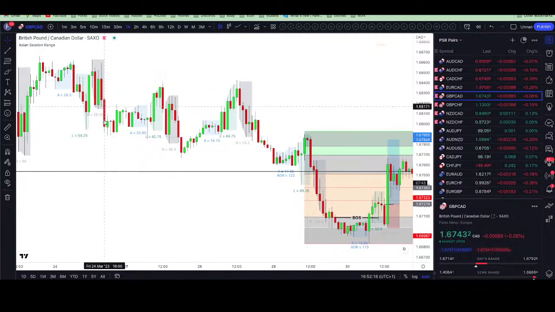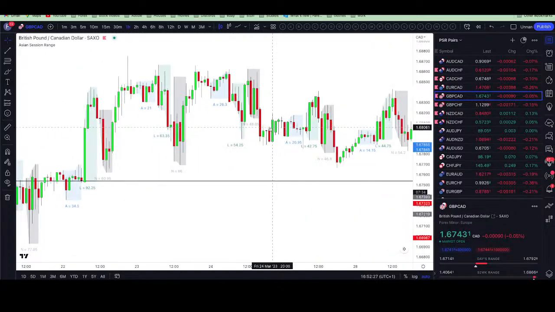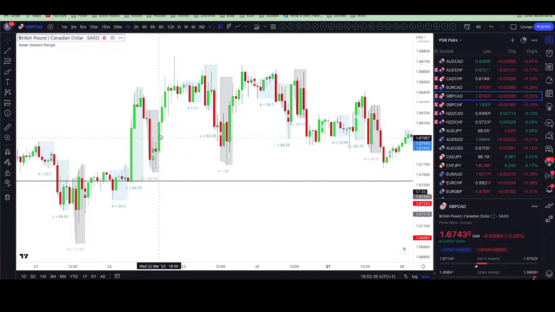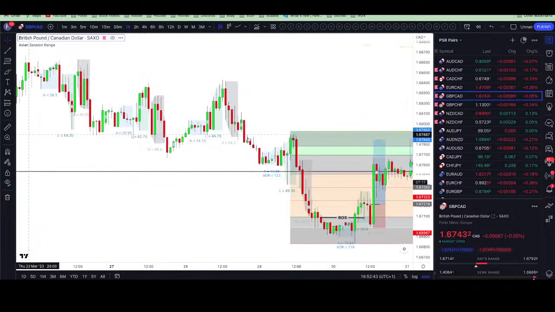See, so it might do this. You see this massive impulsive move right there, boom. But then after that, it just went sideways. So they could do that, being Friday as well. Here you can see it did some type of move and then went sideways. Here again, outside the box, you saw a massive move. So it could do a nice TP1, TP2 hit and then sideways. So this is what this indicator will help you with.